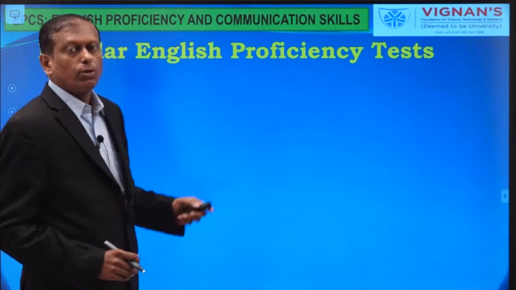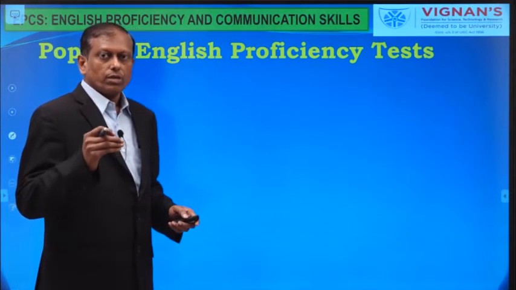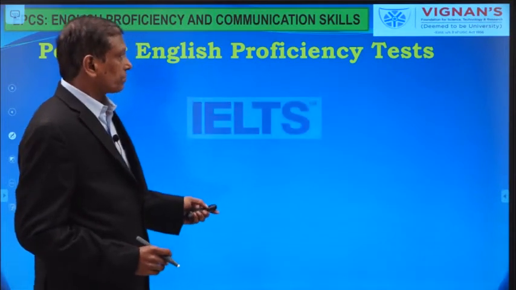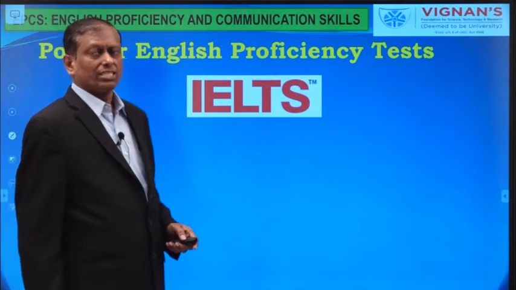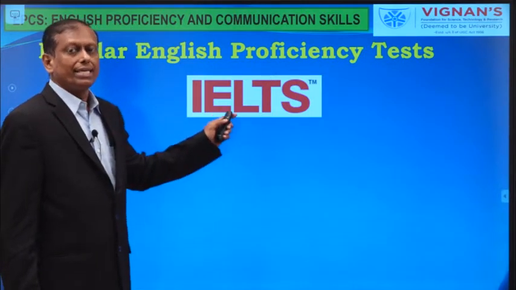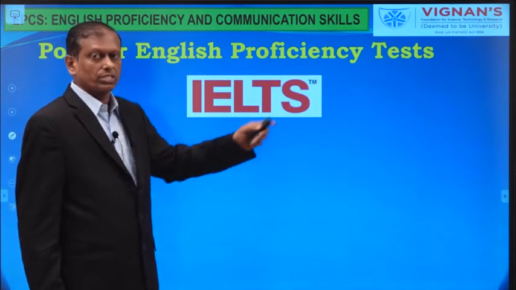There are certain popular tests in the world which rate the proficiency of the candidates. The most popular English proficiency test in the world is IELTS, International English Language Testing Service.